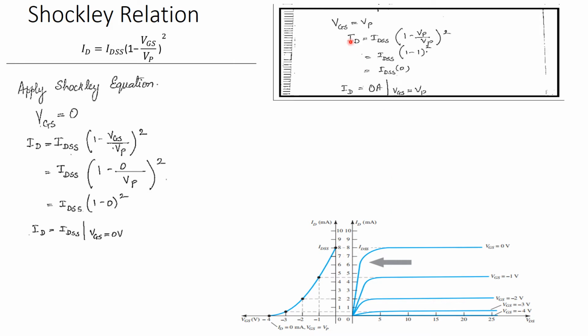Consider a second case, when VGS is equal to VP, ID is equal to 0 amperes. So in our present case it is minus 4 volts and current ID is 0.